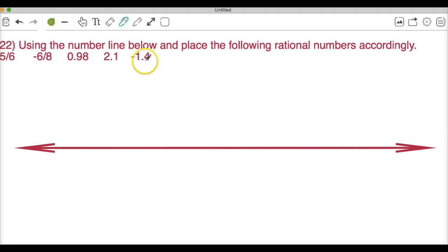Finally, it says use the number line below and place the following rational numbers accordingly. So I have 5/6, -6/8, 98/100, 2 1/10, and -1.4. So I know that my numbers don't extend more than 3 in either direction. So I'm going to go ahead and make my number line.